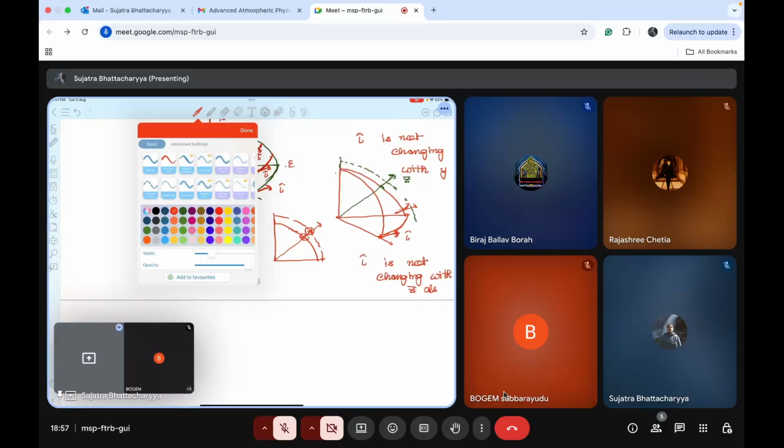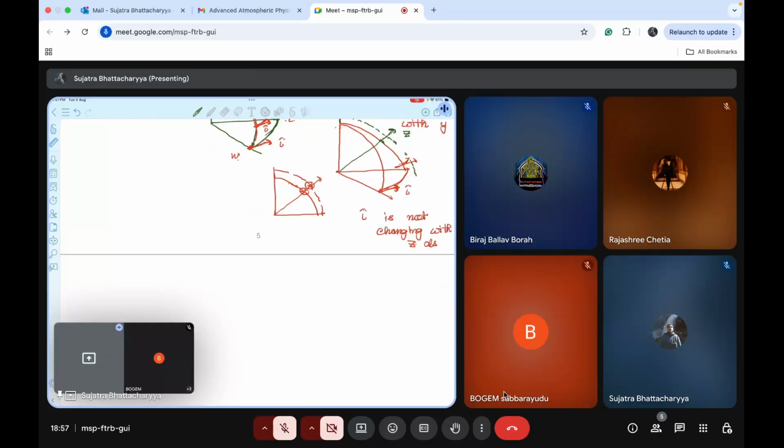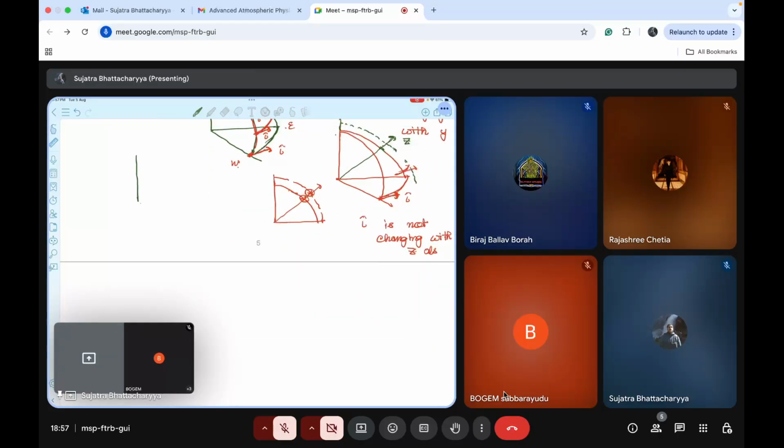So let's make another diagram to understand this. Just try to visualize, because it is a visualization technique, so it's difficult to say whether you understand or not. Now in the x direction, which is this, this is east, this is west.